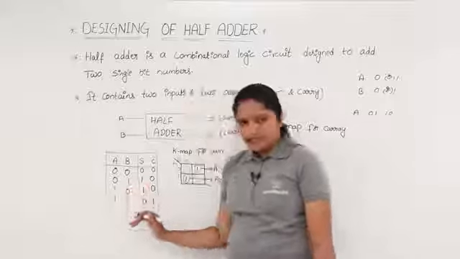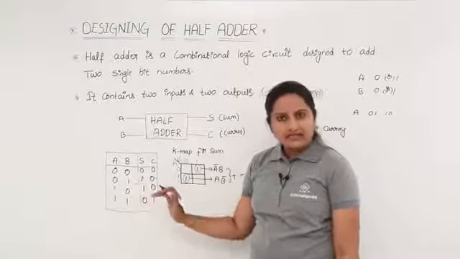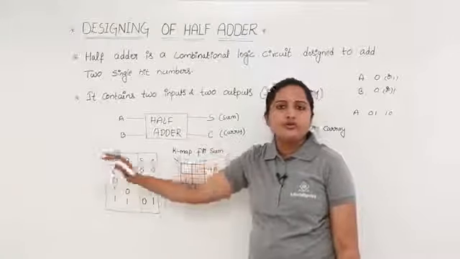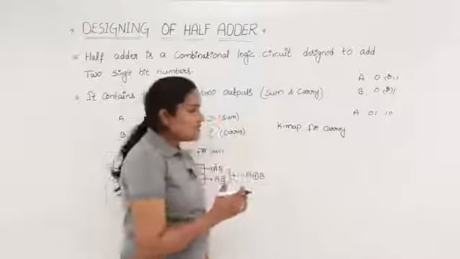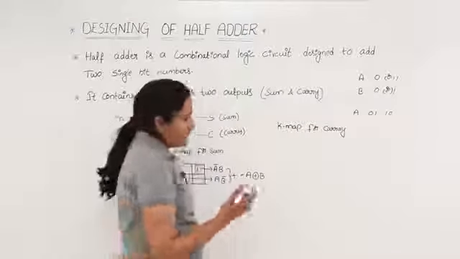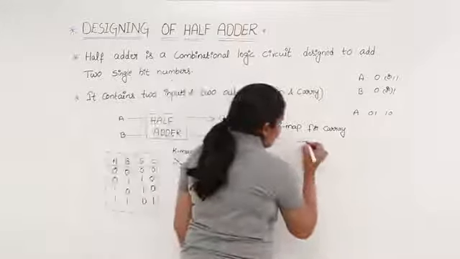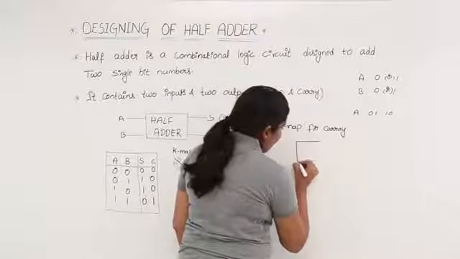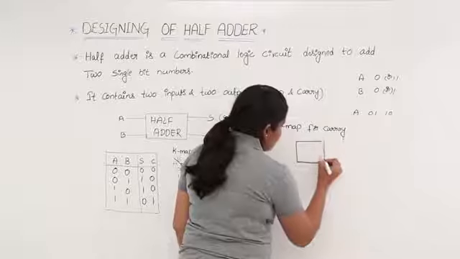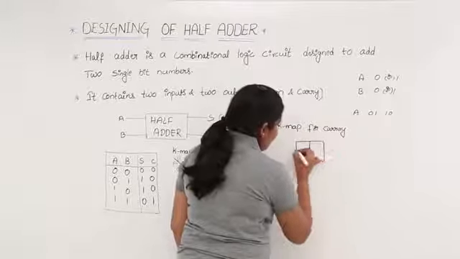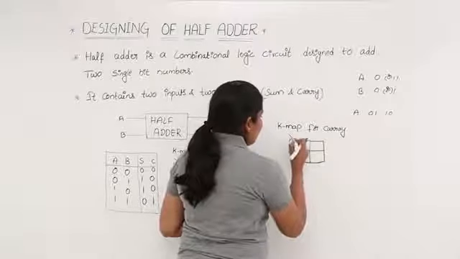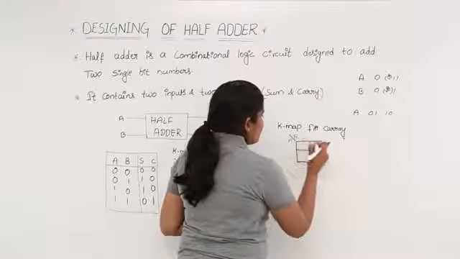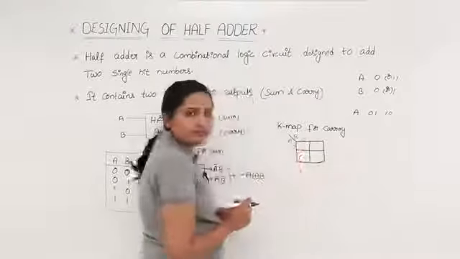In this truth table, the carry also comes from two input variables only, so in the K-map you need to consider a two variable K-map only. So I am considering a two variable K-map again with the same input variables A and B, with possibilities 0, 1 and 0, 1.